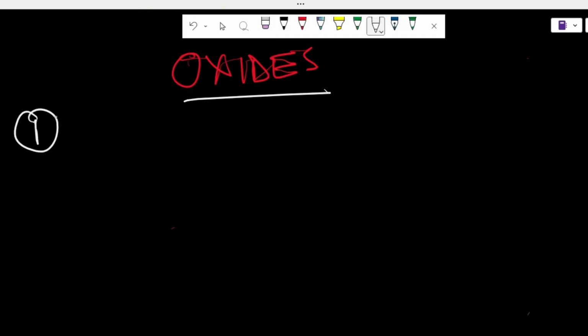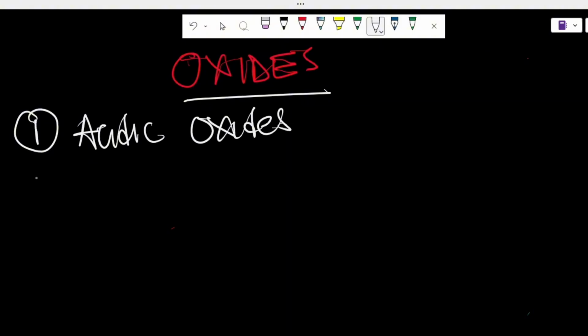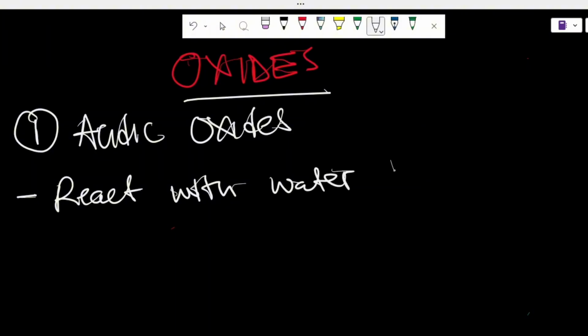So the first type that we can look at is acidic oxides. Now, these oxides usually react with water to form acids. So that's why they are called acidic oxides, because they produce acids.